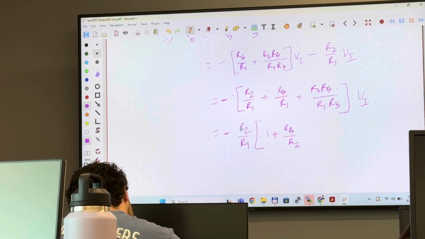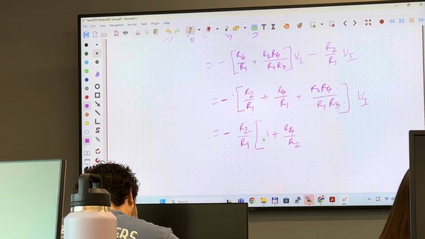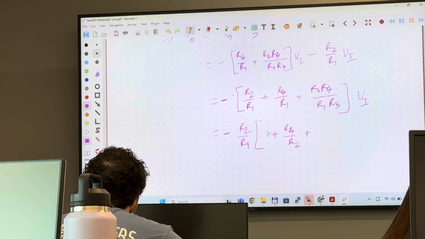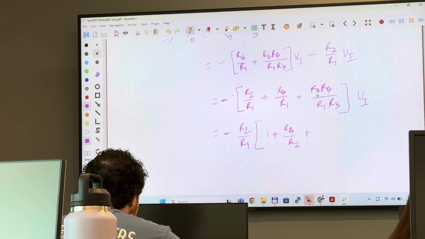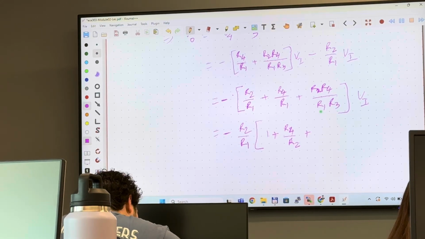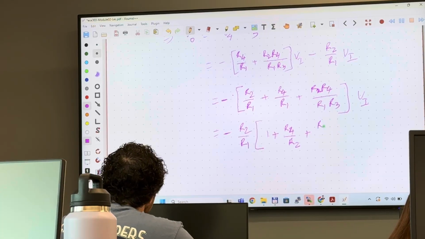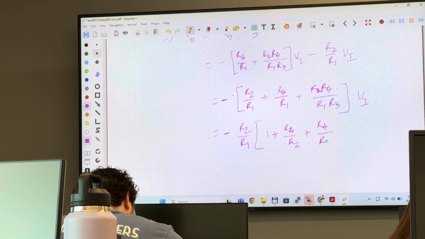If you multiply, R2 disappears, R4 over R1. So you get this part. And then you took R2 over R1 out of the way, factored out, so you are left with R4 over R3. So V sub I.